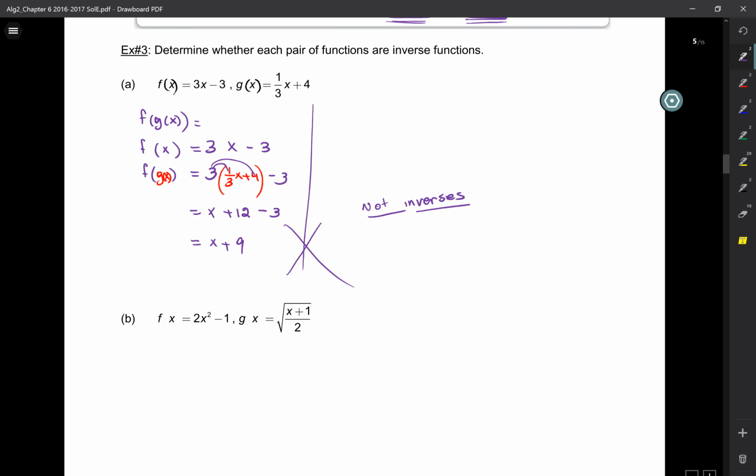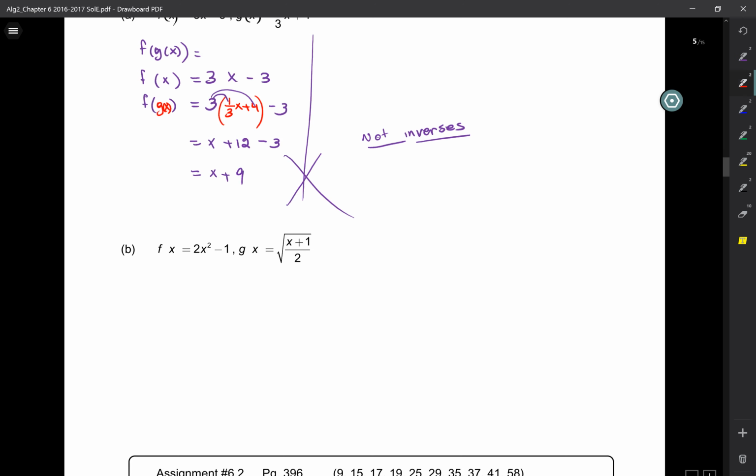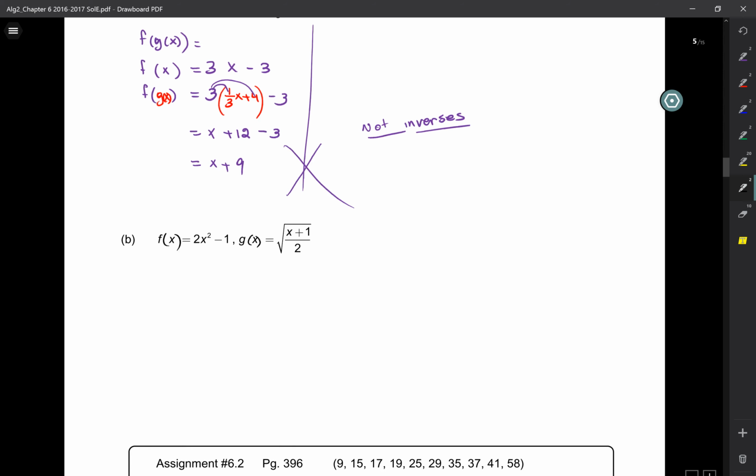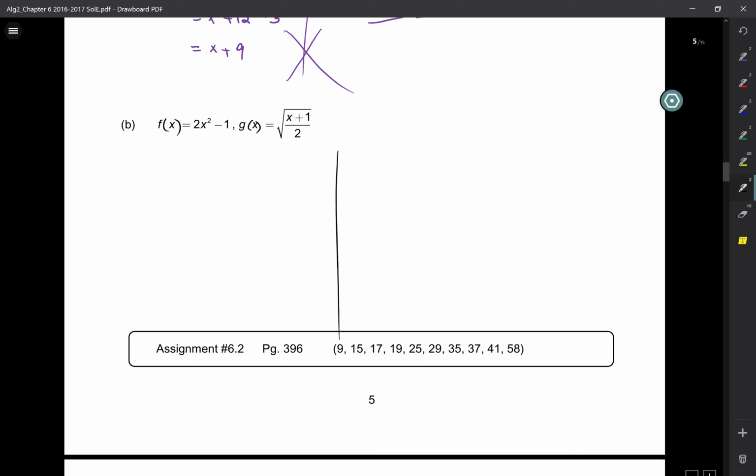Okay. Now, let's do the other one. Split your work area down the middle. And first I want to find f of g of x. What's the outside function? f of x. And that's 2x squared minus 1. No, it's an all or nothing deal. Okay?